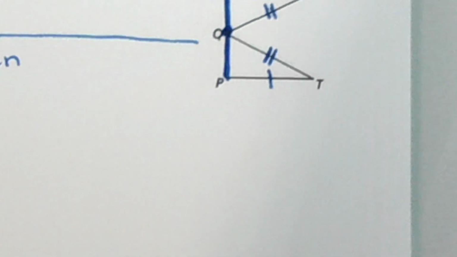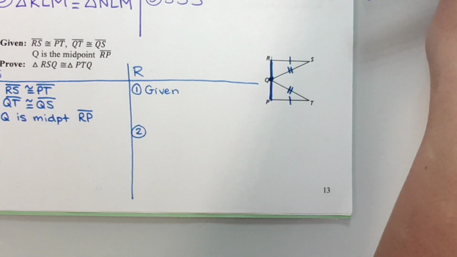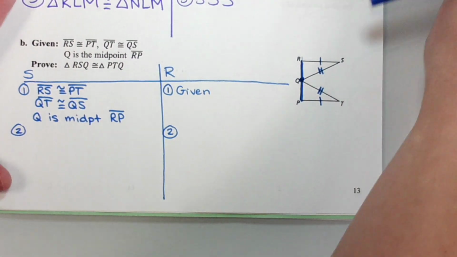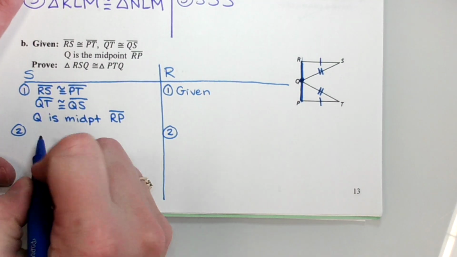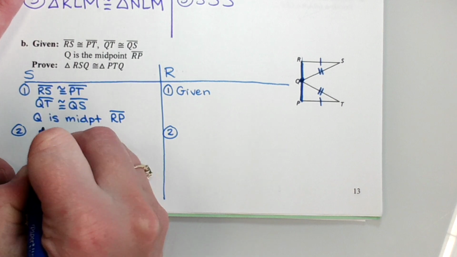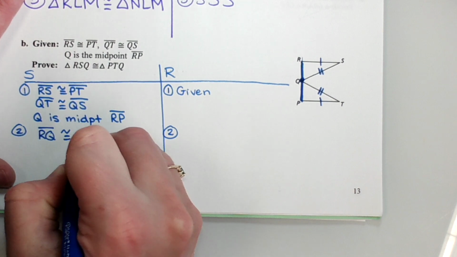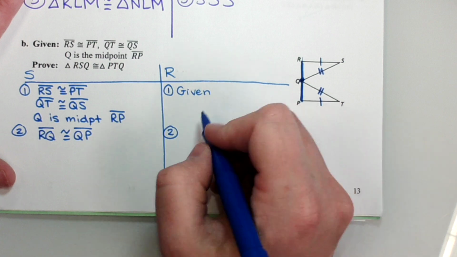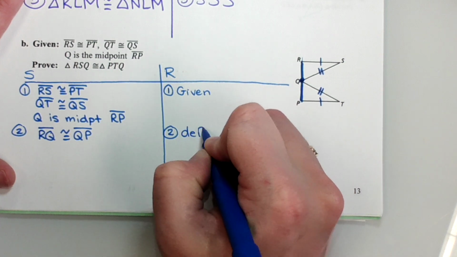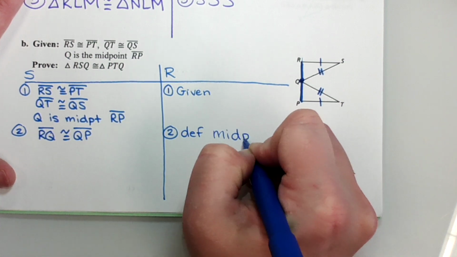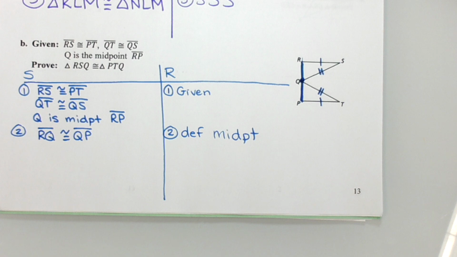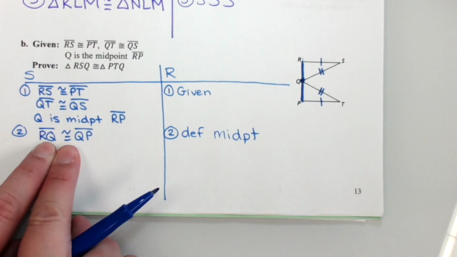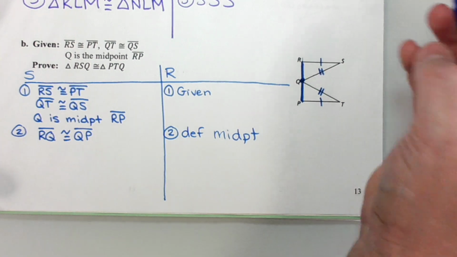You got it. So, midpoint tells us that those two parts are the congruent parts. So RQ is congruent to QP. Definition of midpoint. I mark a congruent here. I mark it in the picture.